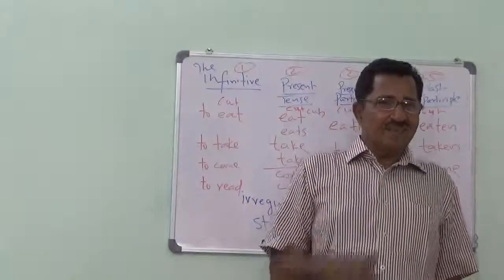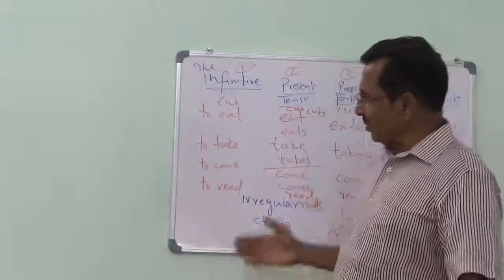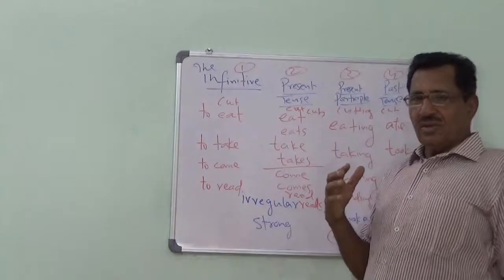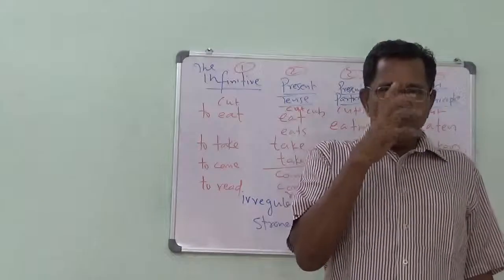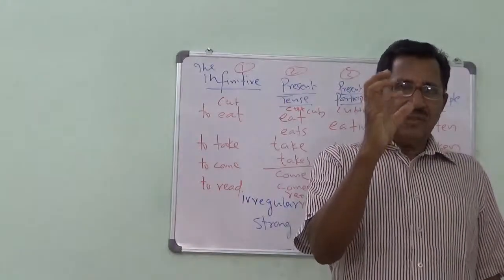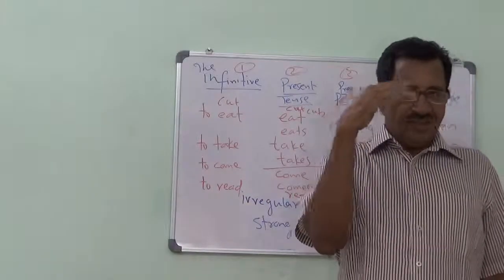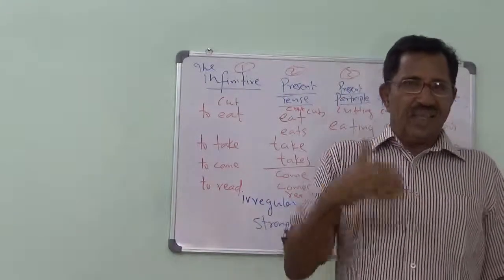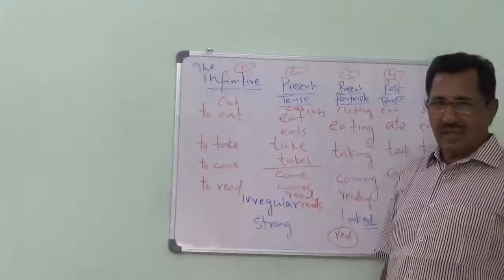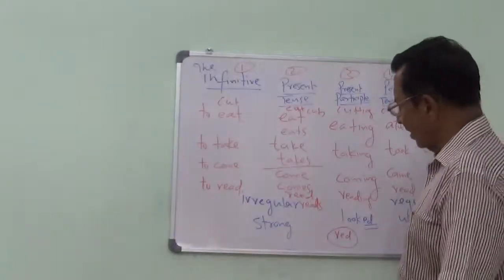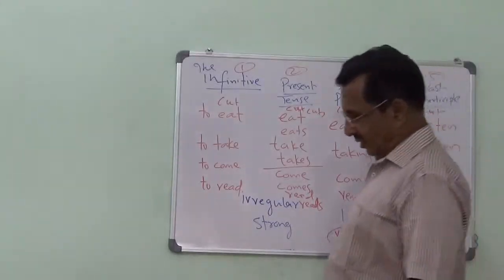You can memorize this also. So you take 5 irregular verbs a day and try to learn them by heart. Like that, in 30 days, how many words you will be studying, isn't it? So it's not a difficult thing at all.